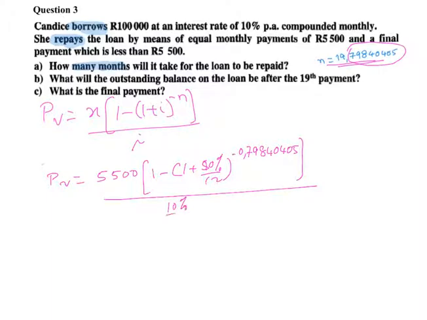Unless you are using some other method, there is another method also to find the balance outstanding, which is the future value method. I am using the present value method only. I will not discuss the future value method of outstanding balance. I will discuss only one method, which is the present value method. So this is my balance period, right? If I did not round off, that is going to be my balance outstanding after the 19th payment.